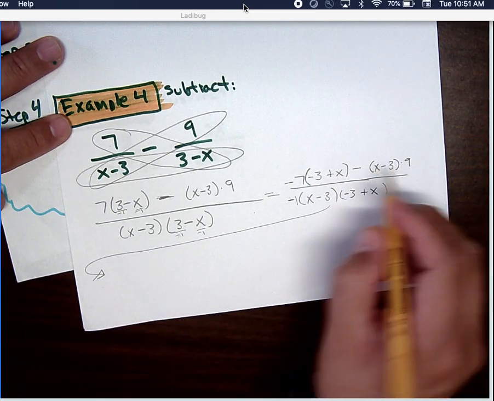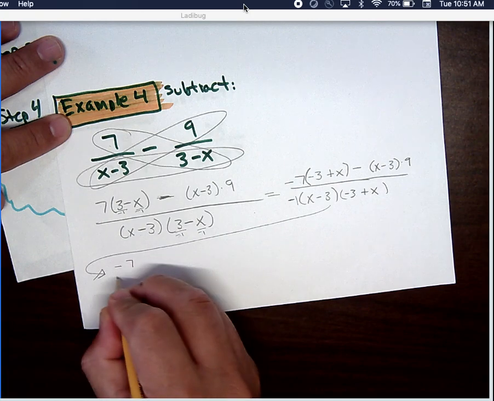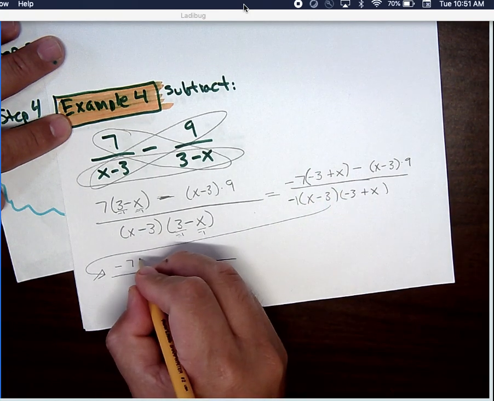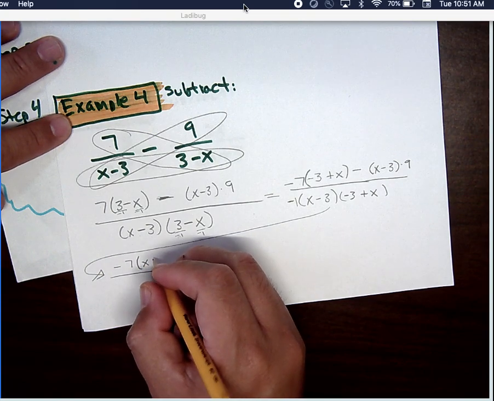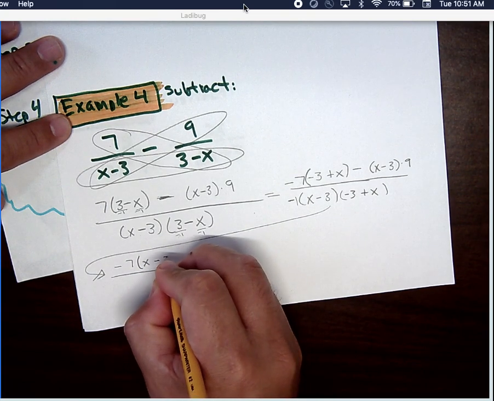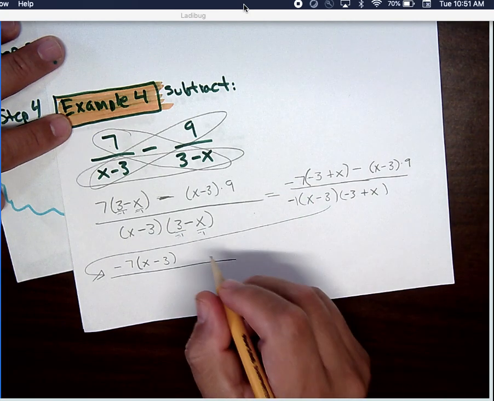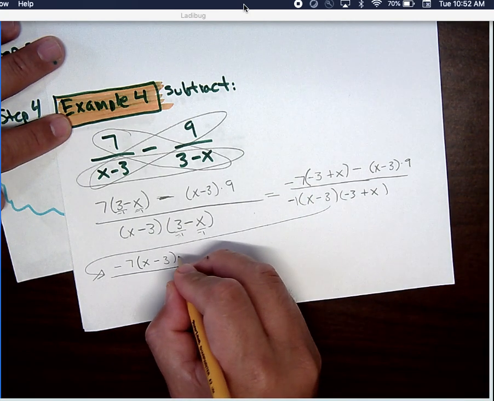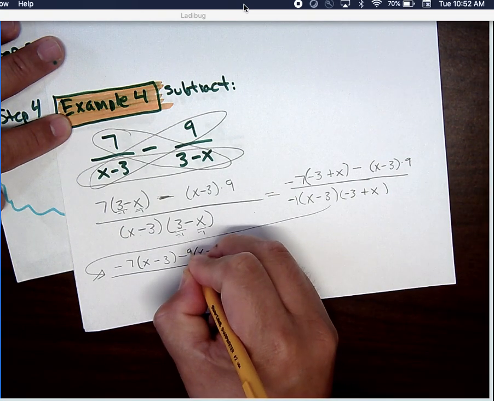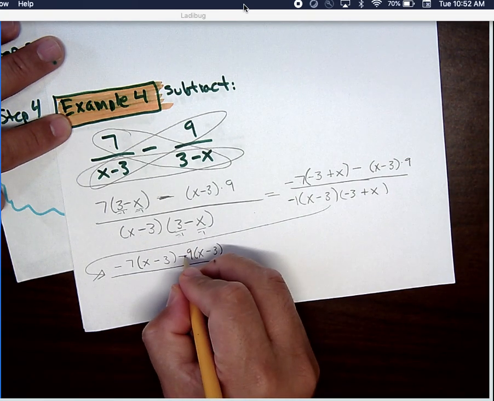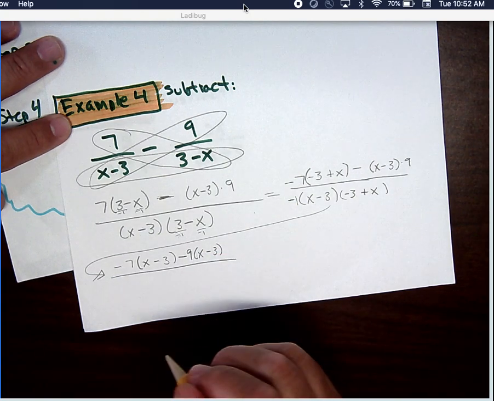So now let's clean it up. So this is negative 7. I'm going to switch this one's x minus 3 now. So I'm using those commutative and associative properties. And switching things around is still the same thing. And then x minus 3, and then I'm going to put the 9 in front, because that's how things usually look, and I like that.